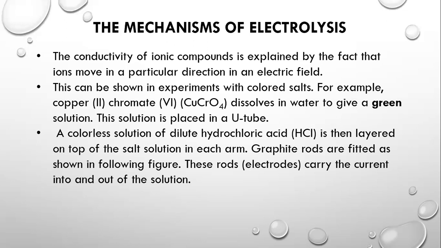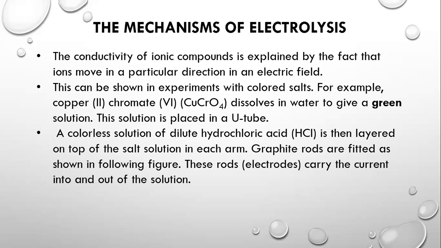The conductivity of ionic compounds is explained by the fact that the ions move in a particular direction in an electrical field. This can be shown in experiments with colored salts, for example, copper(II) chromate(VI) that dissolves in water to give a green solution. This solution is placed in a U-tube.